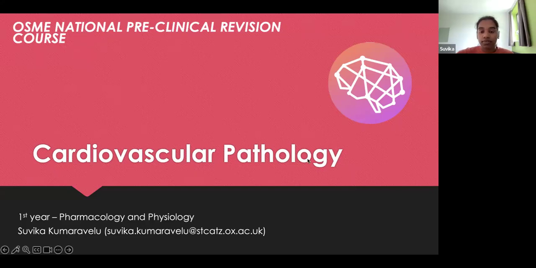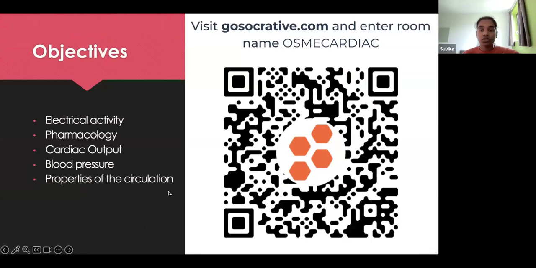First of all, if you guys could just join the Socrative room, just go to socrative.com and type in this code and it should let you into the room. And there should already be a question on there asking which of these subtopics you find the most difficult, and we'll go through which ones you would want to go through first, because there's quite a lot of content to get through.